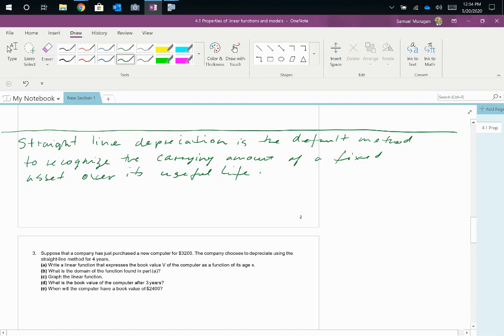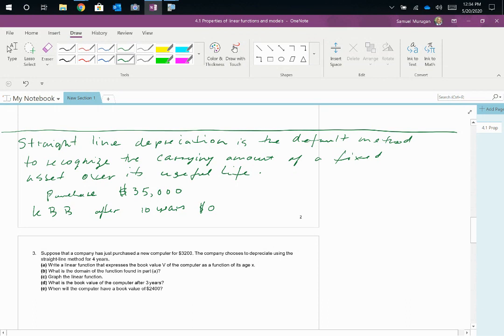If you think about something like your car value, so you buy a car purchase for $35,000, and then you go to Kelly Blue Book after 10 years, would probably tell you your car is worth $0.